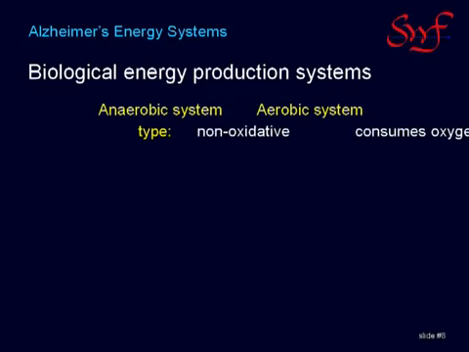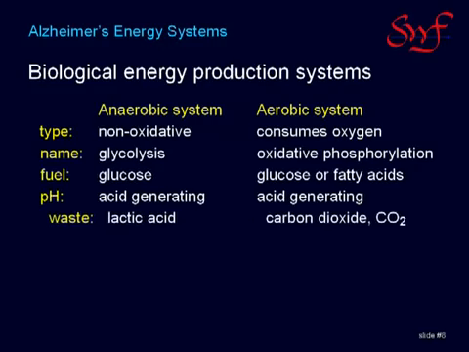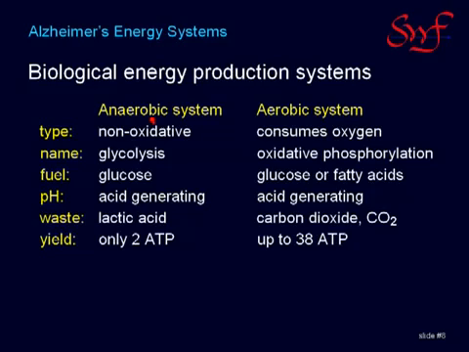Biological energy systems come in two kinds: the anaerobic system, which is more primitive and supports only single-cell life, and the aerobic system, which supports multicell and larger life forms. The anaerobic system partially burns glucose and generates lactic acid, while the aerobic system fully burns glucose or fat all the way to carbon dioxide.